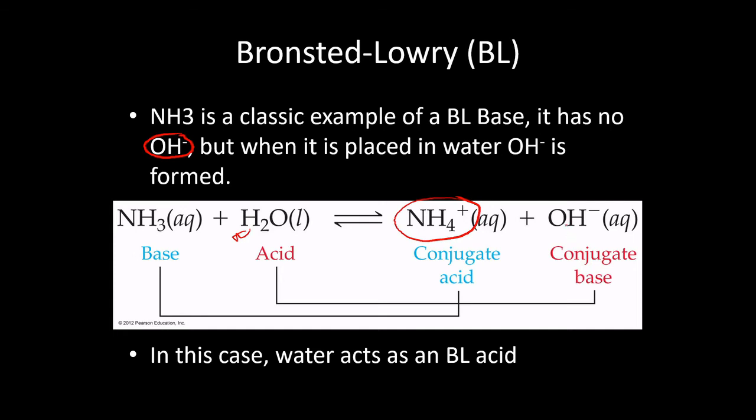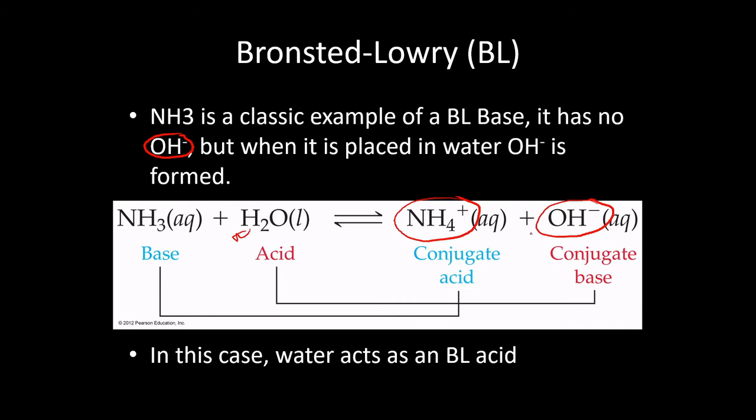And so when you put ammonia, NH3, into solution, it produces OH-. So it's behaving like a base in that sense, and so we would call this a Bronsted-Lowry base.